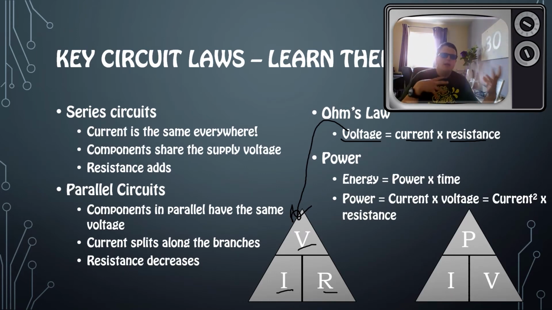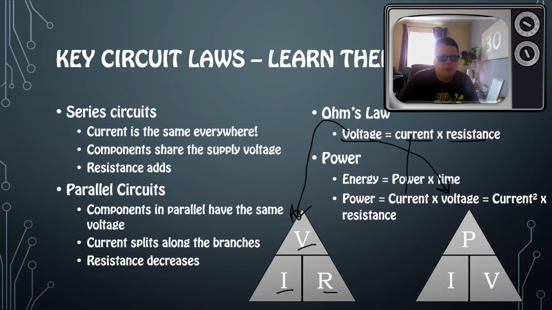So it's going to be energy divided by time, or energy is power times time is another way of writing that. But we've also got power is current times voltage, more often known as P equals IV, as written in this triangle. Well, what we can do is take Ohm's law, our voltage bit, and substitute it in, and what we get now is current squared times resistance.